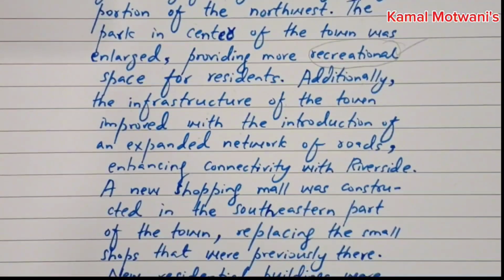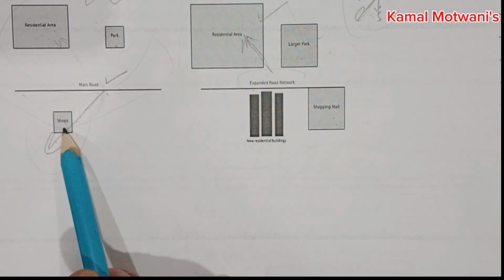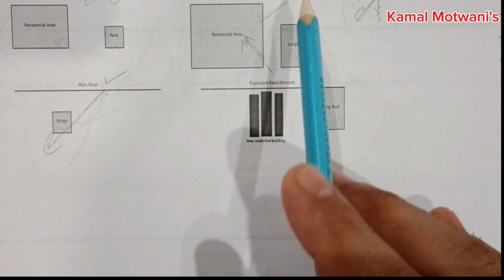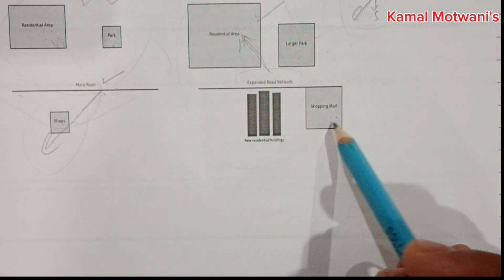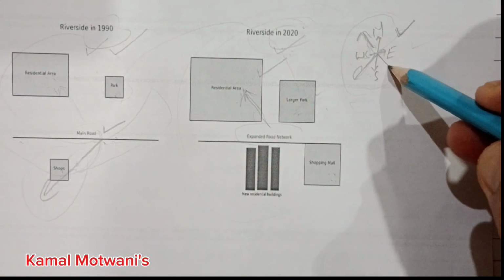Let's move ahead. Okay, then here comes: a new shopping mall was constructed in the southeastern part of the town. See, the shopping mall was constructed. Earlier there were shops, then a shopping mall was constructed in Riverside in 2020. But what is the direction of the shopping mall? The direction of the shopping mall is southeastern part.